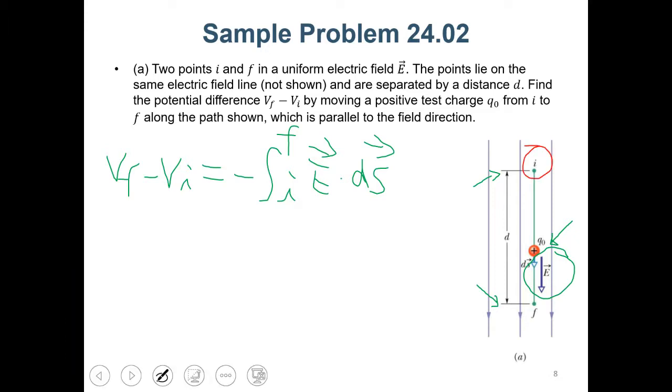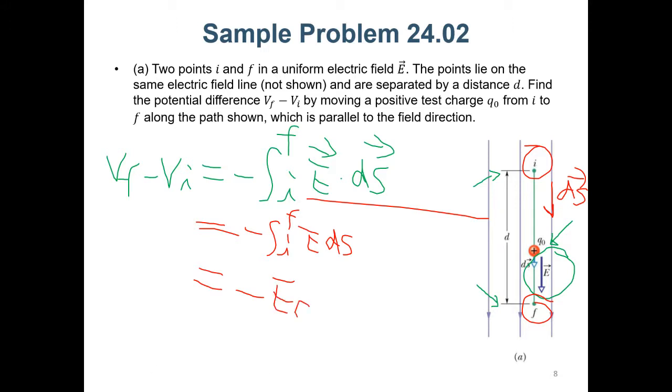So it moved from I to F, and ds is always pointing downward. So E and ds are in the same direction. So it is nothing but minus the integral from I to F of E ds, which is minus Ed, because the distance is d. Okay, up to now very simple, right?